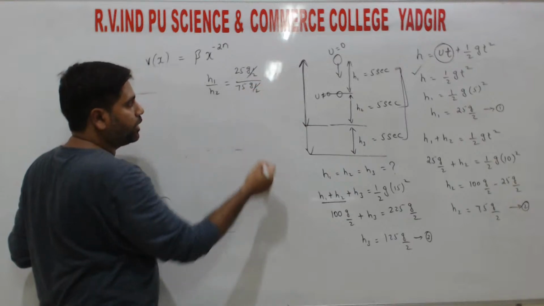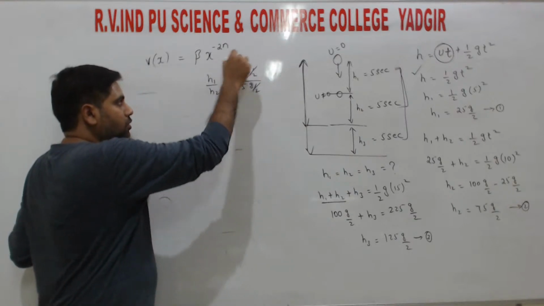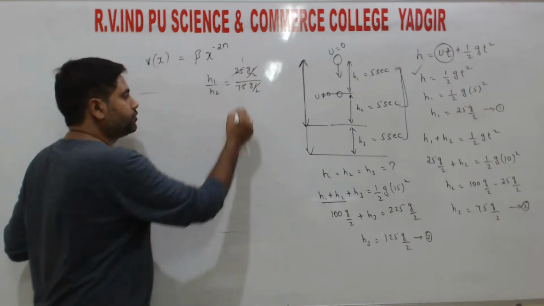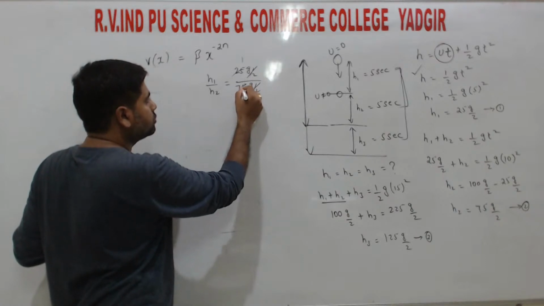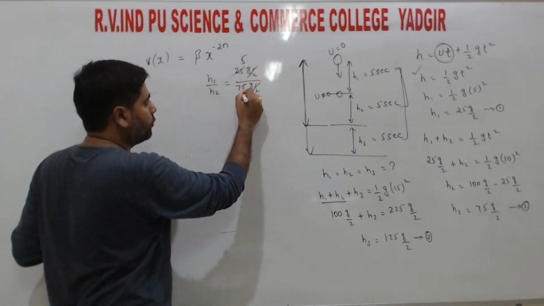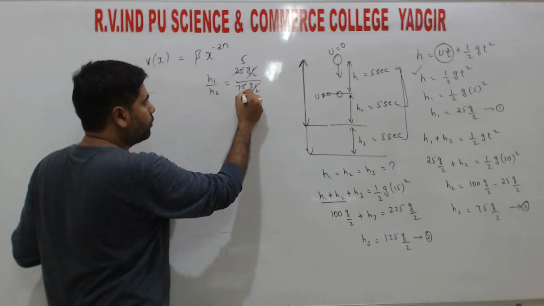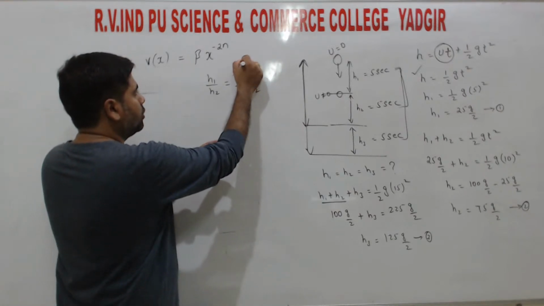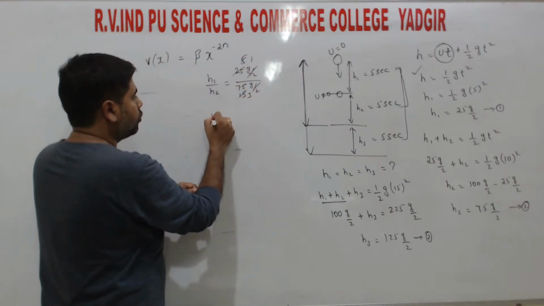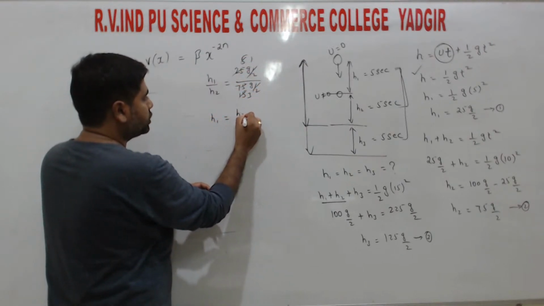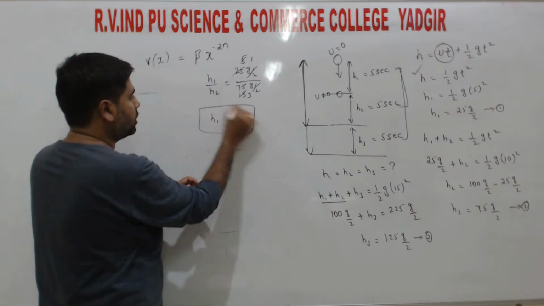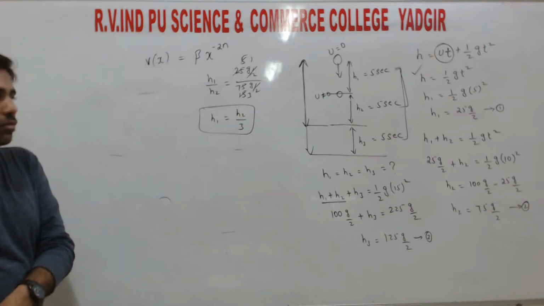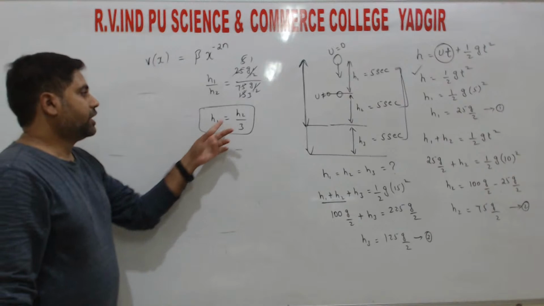So g by 2 gets cancelled. So h1 is equal to h2 by 3.